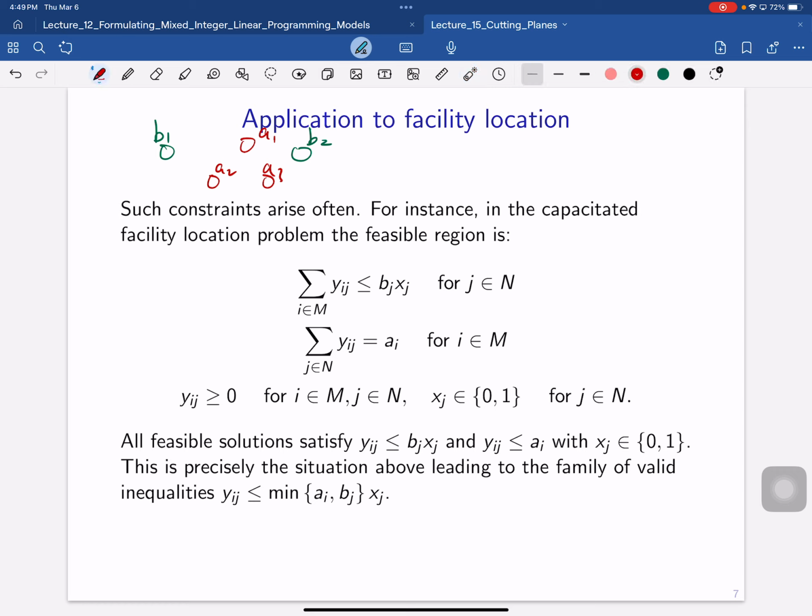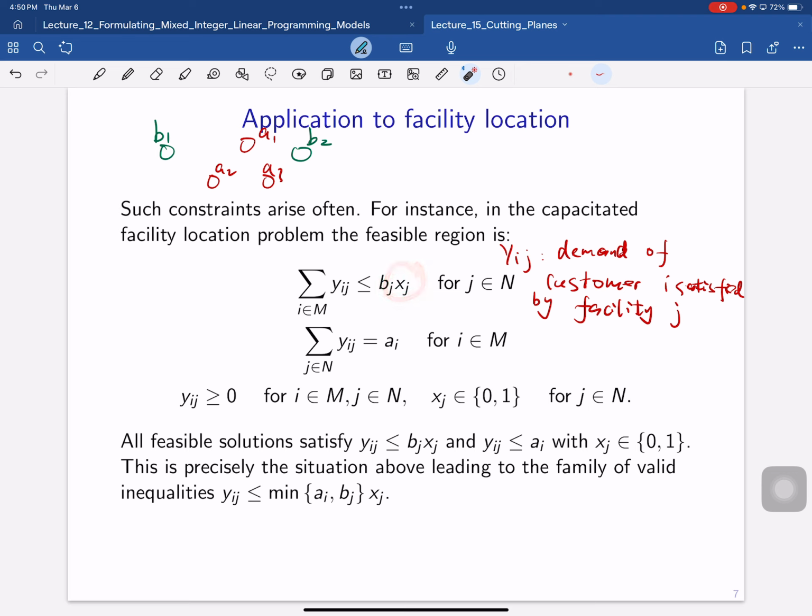So y_ij is the demand of customer i satisfied by facility j, right, and then if this facility j is not built, then all those demands should be 0, right? Because if the facility is not built, none of the customers can have their demand satisfied through facility j.